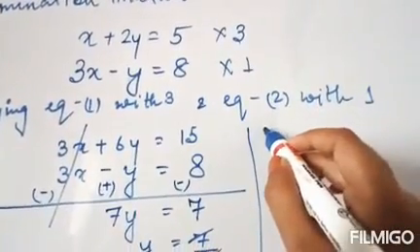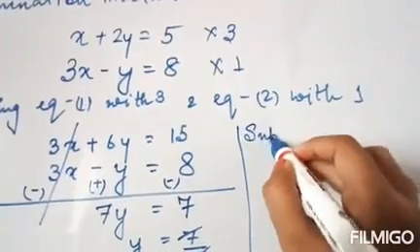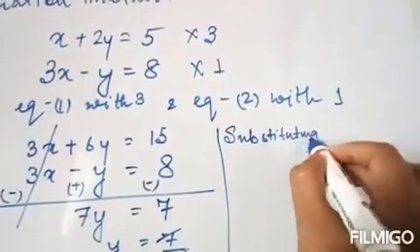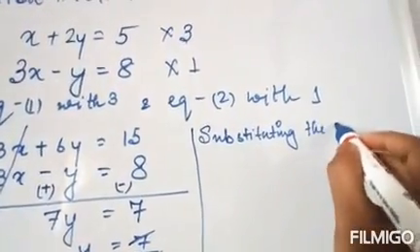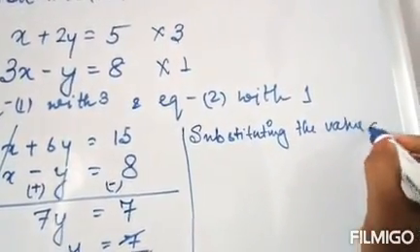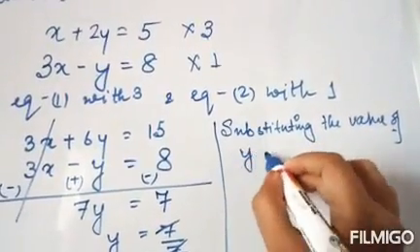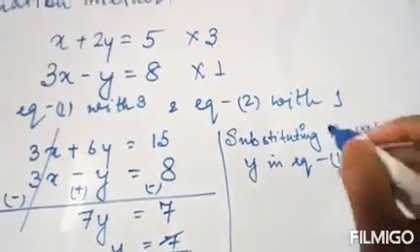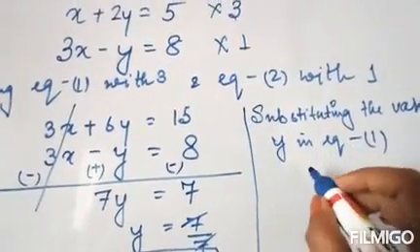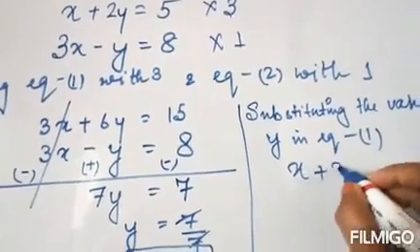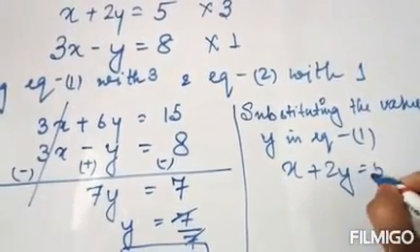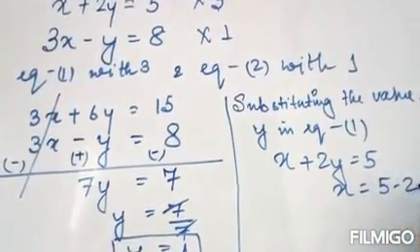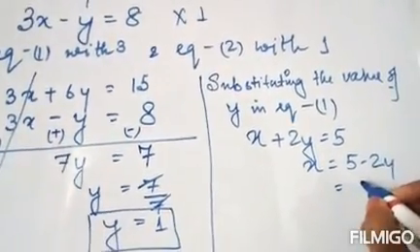Let me substitute the value of y in equation 1. x plus 2y is equal to 5, which means x is equal to 5 minus 2y, and the value of y is 1.